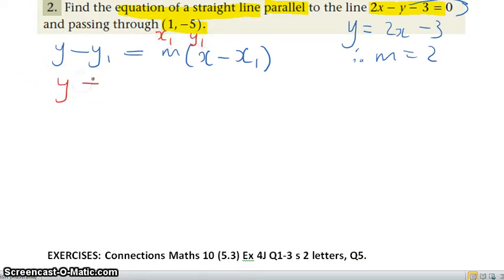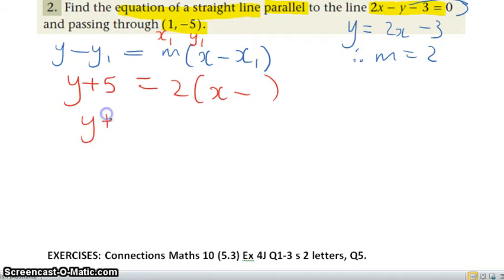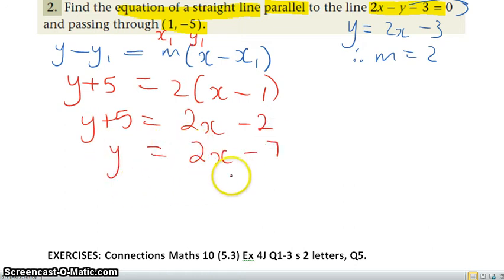So y take away minus 5 becomes y plus 5. Oh, sorry, no dividing here, because we're not using the two-point formula. It equals m, which was 2, times x minus 1. Now I need to expand this. So 2x minus 2. Push the 5 to the other side, so y equals 2x minus 7. And that is the equation of the straight line.